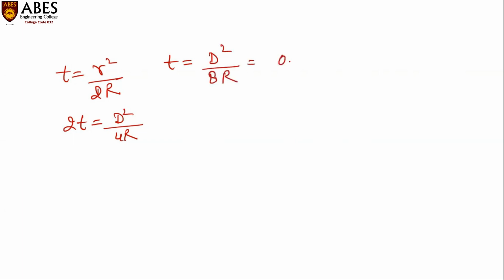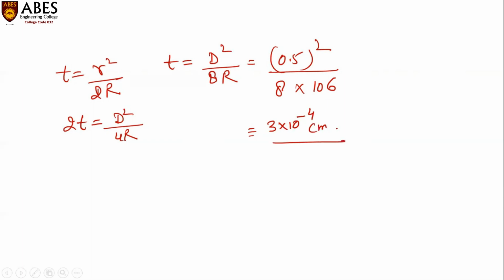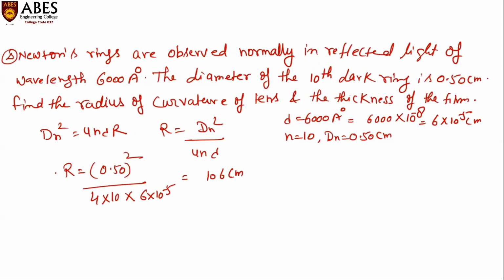D is 0.5 square, 8 into R is 106. That comes to 3 into 10 to the power minus 4 centimeter. So we can calculate the thickness of the film, and this one is the radius of curvature of the lens.